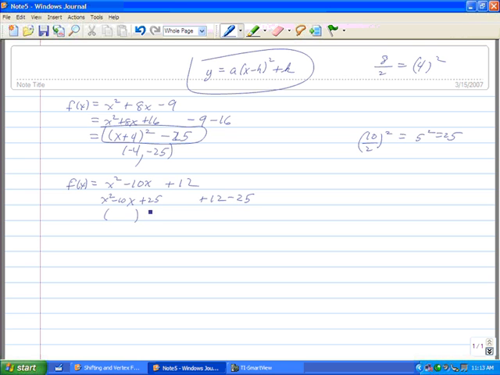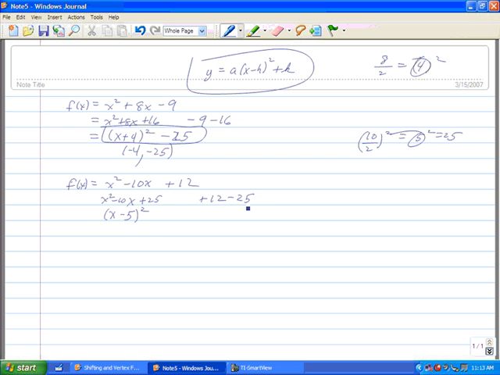Now this, again, will factor, because what I've created is a perfect square trinomial. And this time it's going to be an x minus 5. And again, where did the 5 come from? Just like the 4, from right here. It's the number you originally squared to get the 25 or the 16 in the first place. So that factors easily.